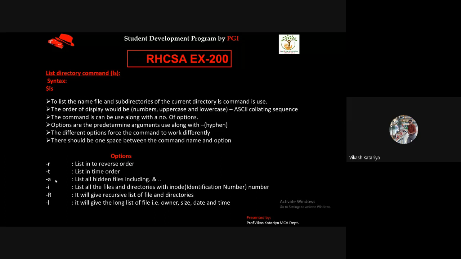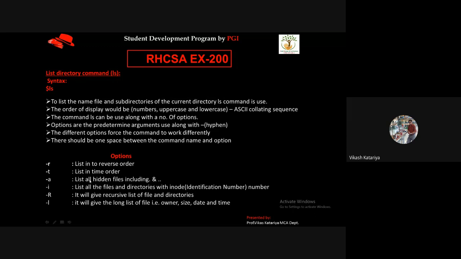Similarly, the Linux kernel also provides an inode number to every file and directory. So it is called an identification number, the inode number. So we can display the inode number of an individual file also. I will show you practically how I can show the inode number, how we can print our files in reverse order, and time based.